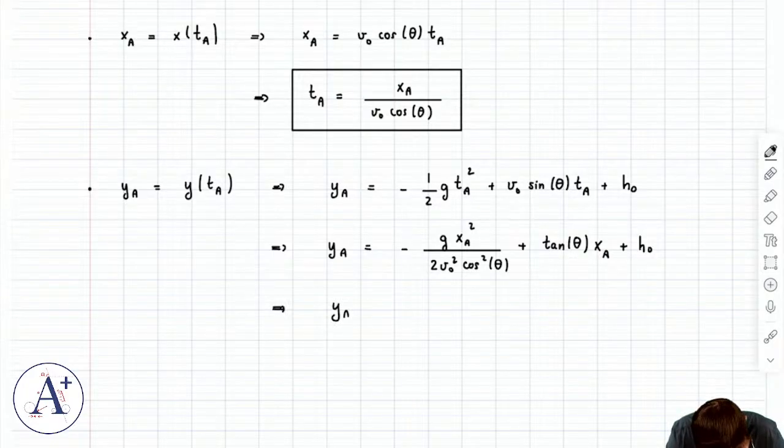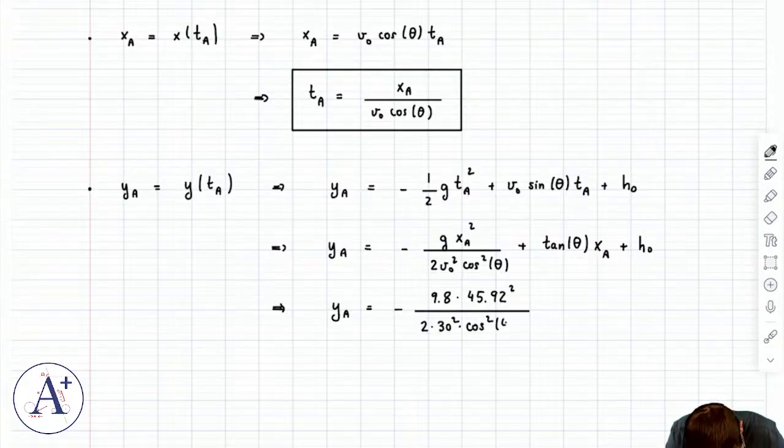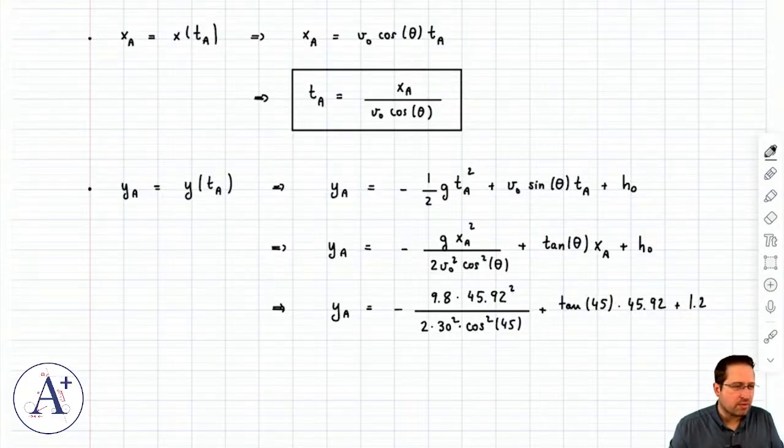So ya is going to be equal to minus 9.8 times 45.92 squared divided by 2 times 30 squared times cosine squared of 45 plus tan of 45 times 45.92, plus 1.2. Is it really 45.92?